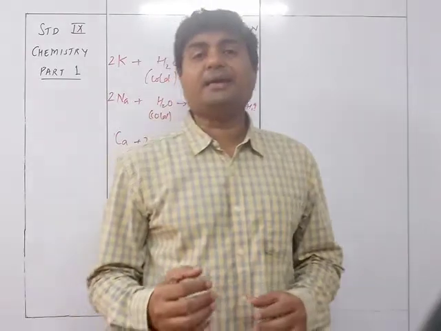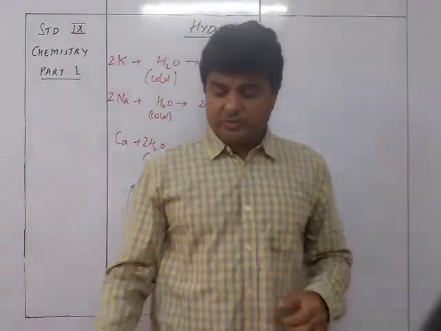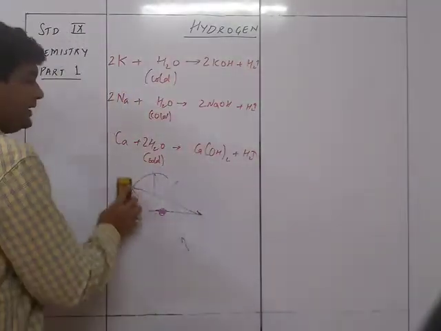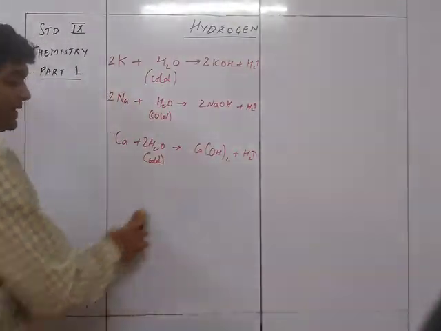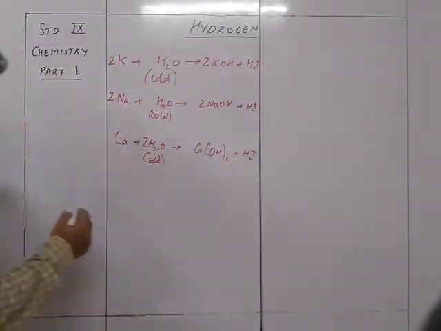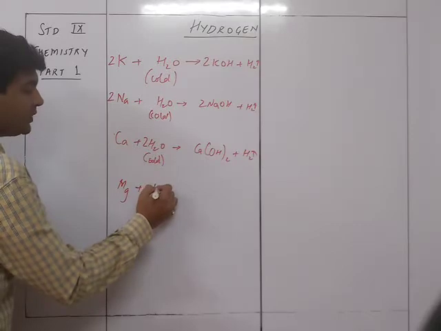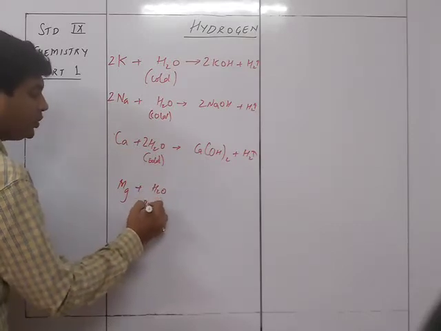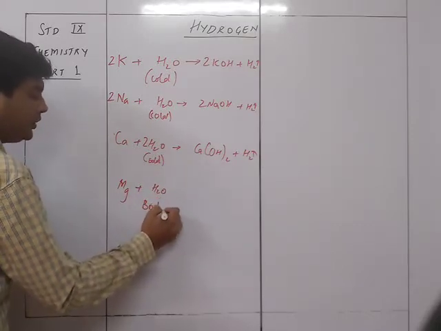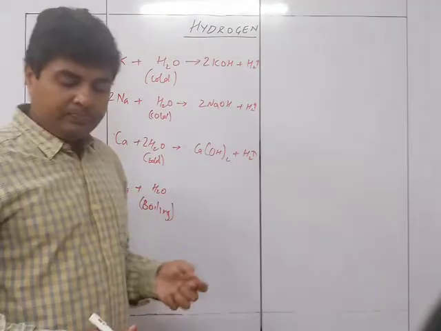But if you take the elements which are lower than calcium in the reactivity series, then things are slightly different. If you take magnesium, which is only slightly less reactive, the water needs to be boiling water. You don't require too much steam, but you require boiling water.